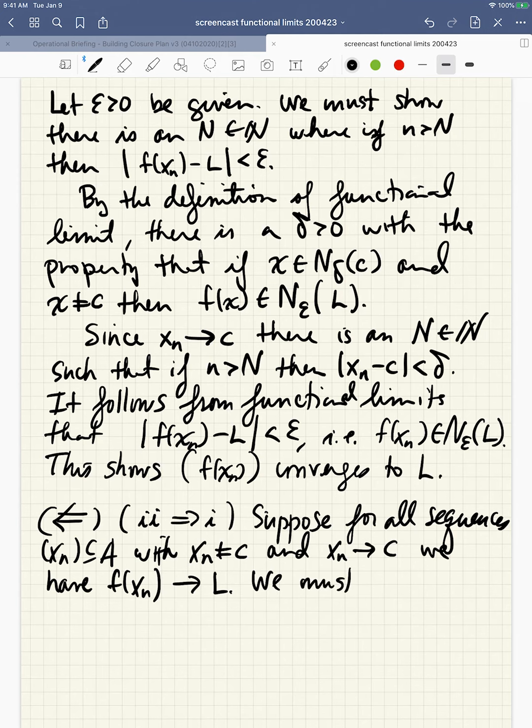We must show the limit as x goes to c of f(x) equals L.